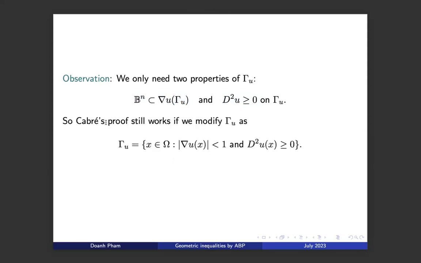So Cabré's proof still works if we modify gamma U to be a smaller set, namely the set of points where the gradient of U is less than 1 and the Hessian of U is non-negative. If we replace the lower contact set by this new gamma U, then the whole proof still works.